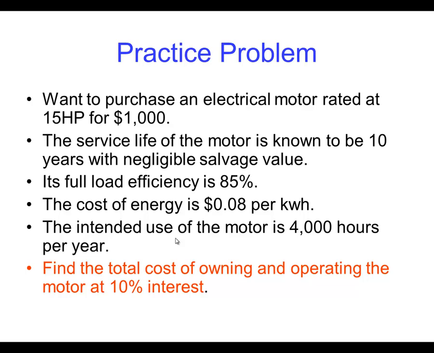The cost of energy is $0.08 per kilowatt hour. The intended use of the motor is 4,000 hours per year. Find the total cost of owning and operating the motor at 10% interest.